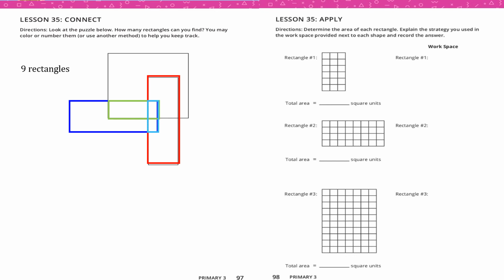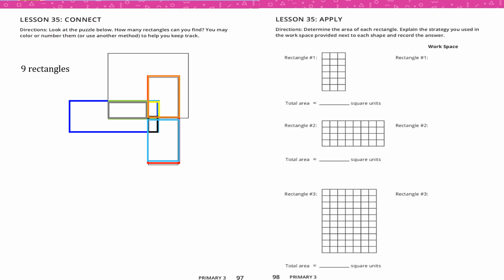This is the fourth, baby blue or light blue. This is the fifth, which is yellow, and then the black one and the gray one, and we have here a brown one and a light blue one. Total rectangles are 9 rectangles.